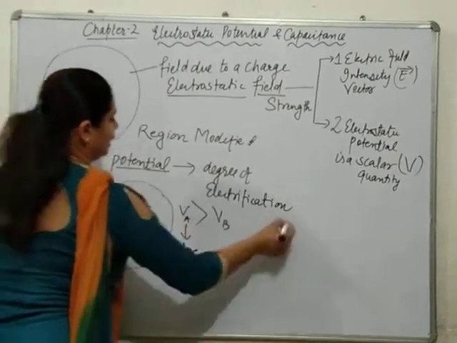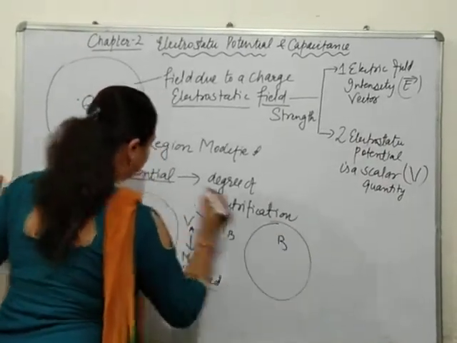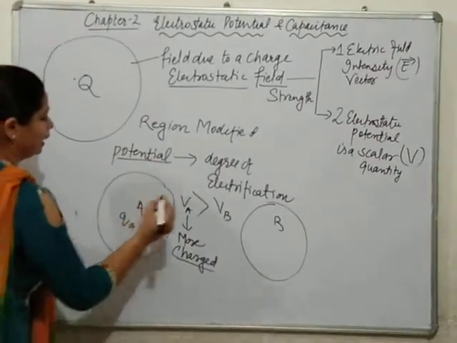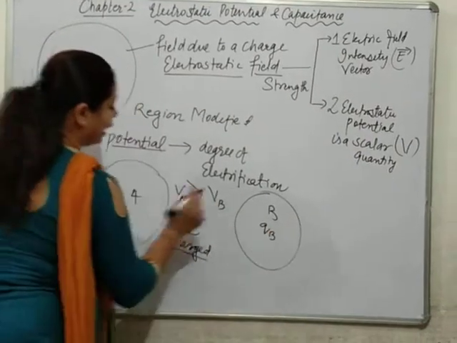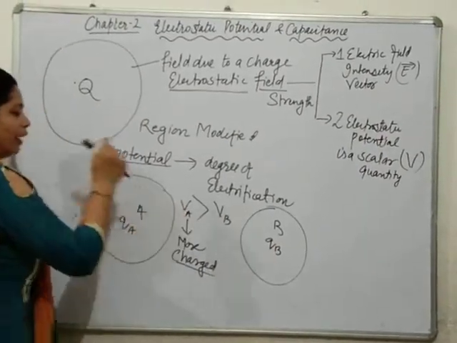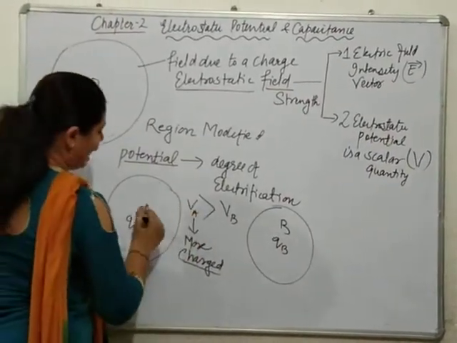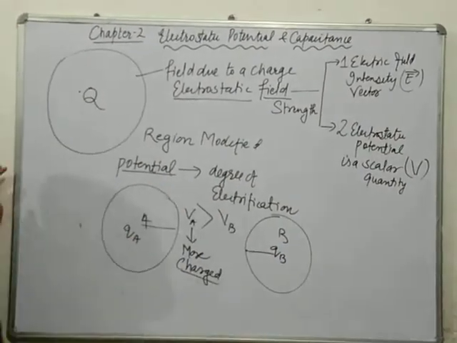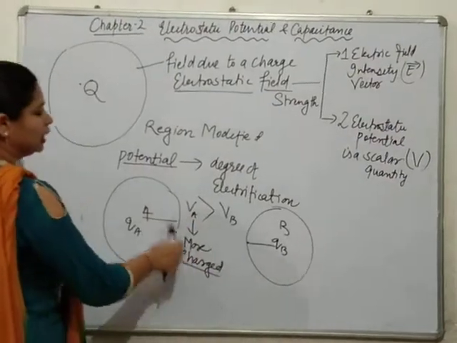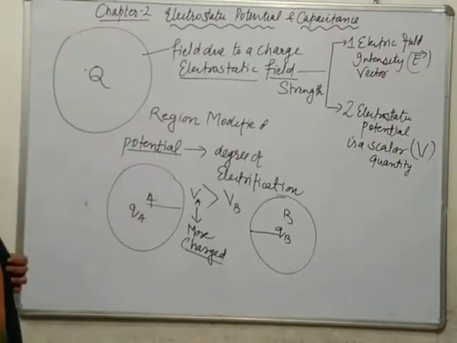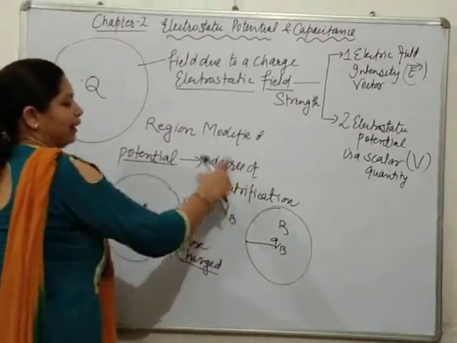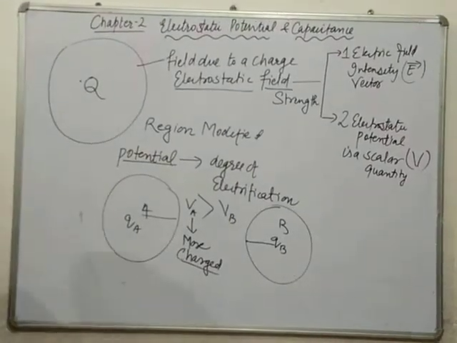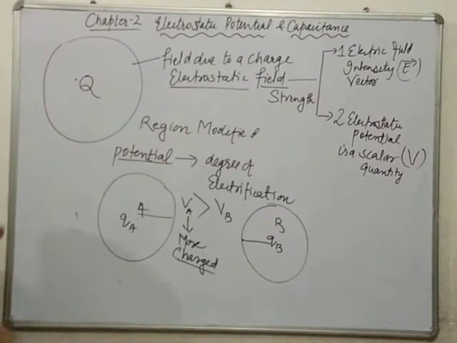If one body is A and another body is B, having charge A and charge B, and the potential of A is more at a distance, while for the same distance the potential of B is less, then it means potential determines how much the body is electrified, so it determines the degree of electrification.